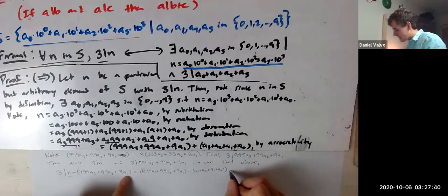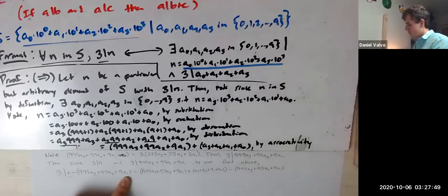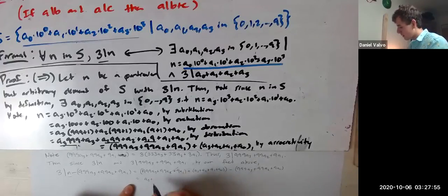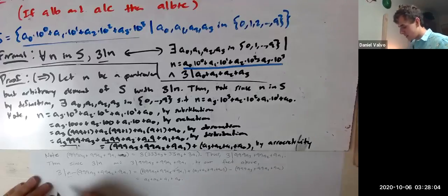So n minus this, we'll have that right there. These two cancel. So this equals A3 plus A2 plus A1 plus A0.